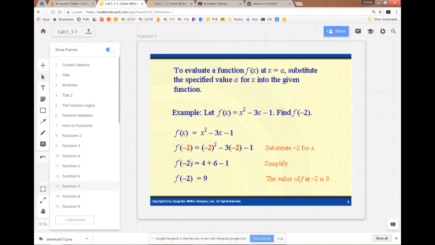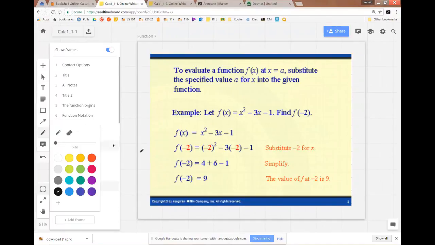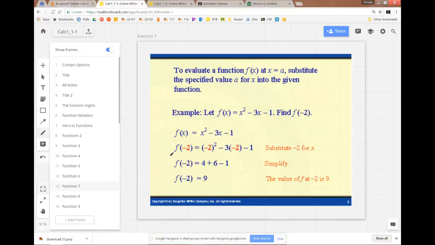So like in this case right here, we have f at -2. That just means when -2 is in place of x, then out comes a 9. And this is awesome because when you say f of -2 equals 9, you literally have the ordered pair -2, comma 9. So very, very useful.